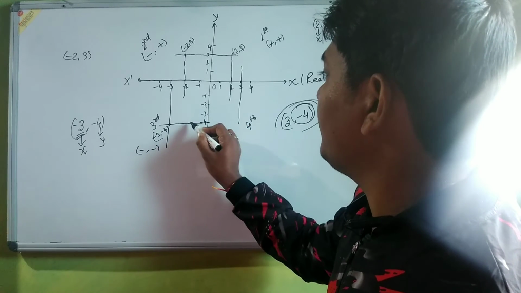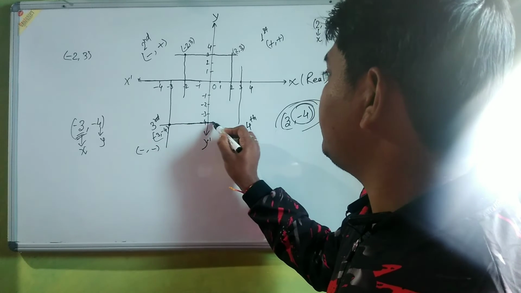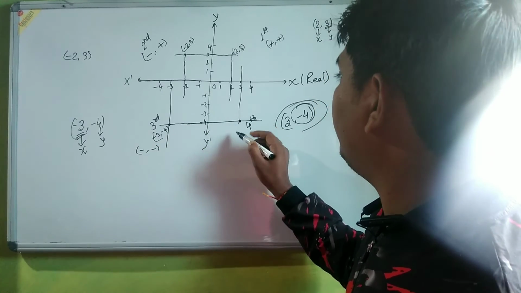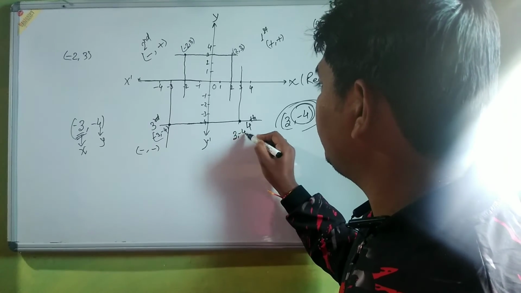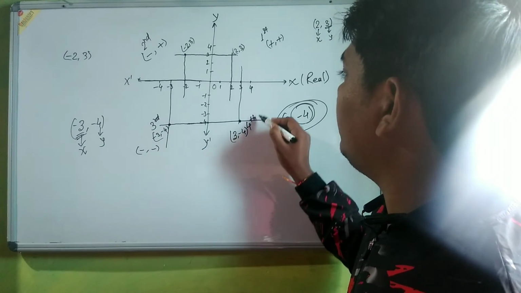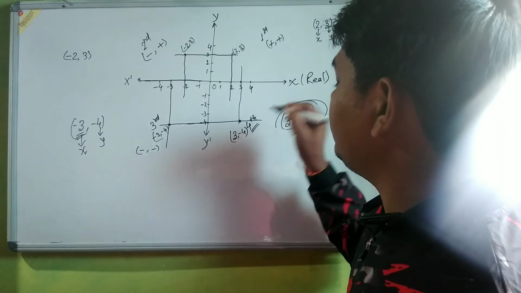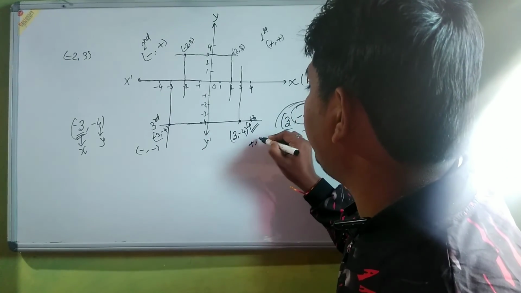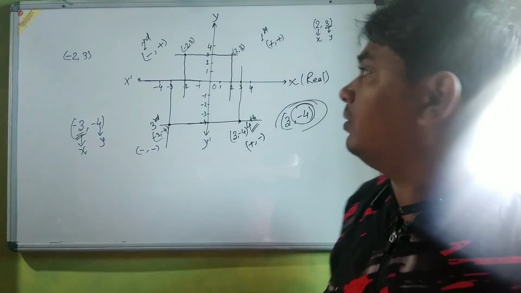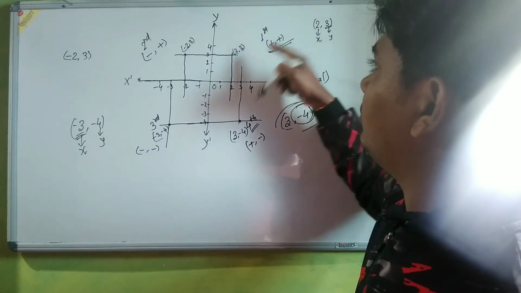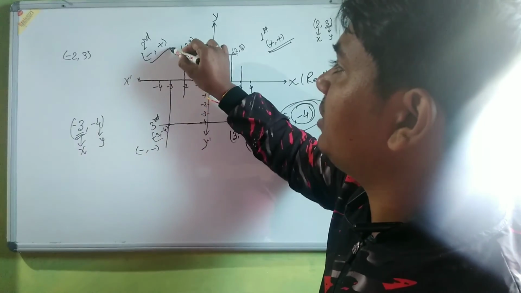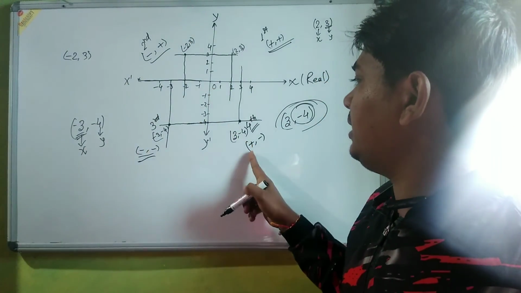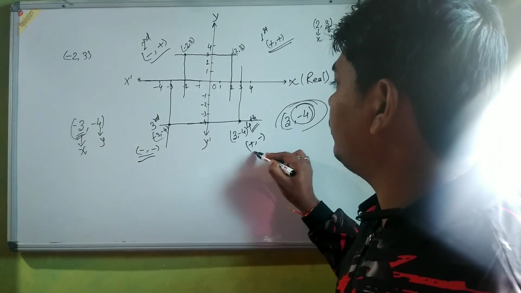If we go this way, it will intersect here, and that is the required point (3, -4). It would lie in the fourth quadrant, and by this we can say it has plus and minus signs. Again, plus plus denotes the first quadrant, minus plus denotes the second quadrant, minus minus denotes the third quadrant, and plus minus denotes the fourth quadrant.